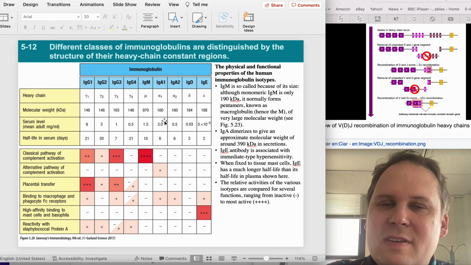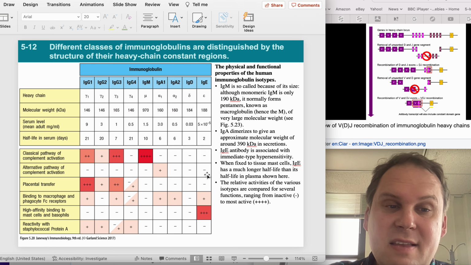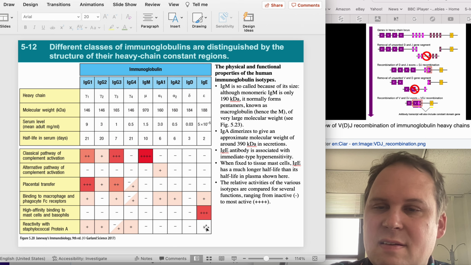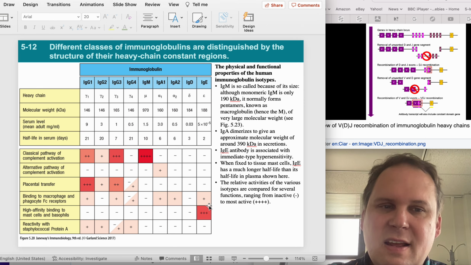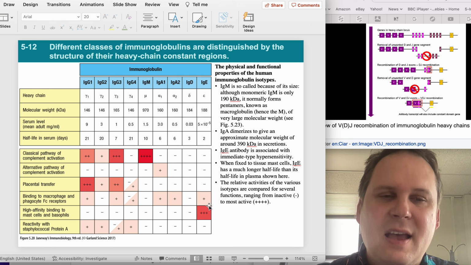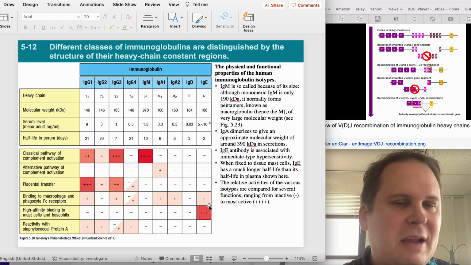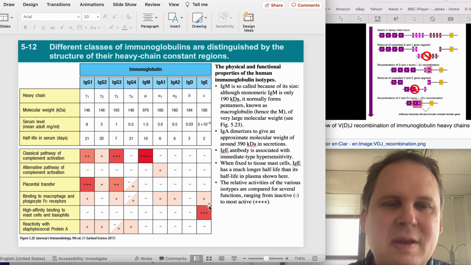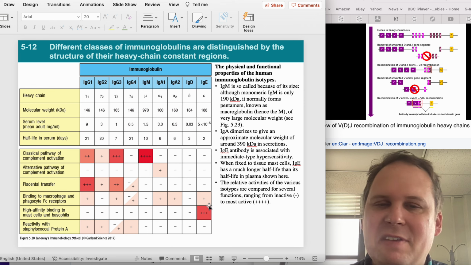The thing I think to focus on here is look at IgE. So it's kind of bad at everything. It's not great at classical complement activation. It's okay if you stick an IgE to something, you can eat it better with a macrophage. Macrophage will consume the thing a little bit more avidly.